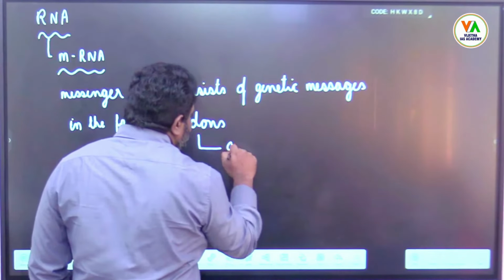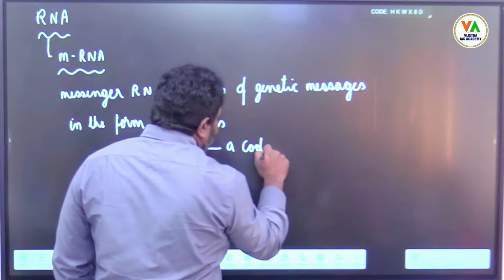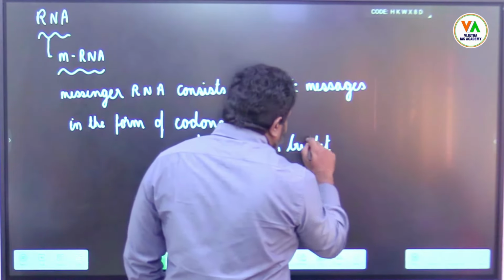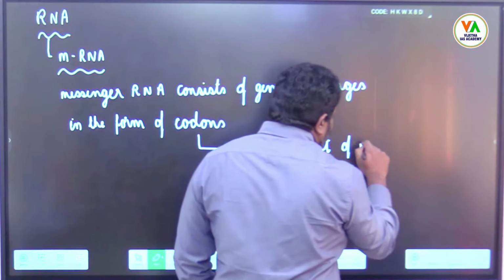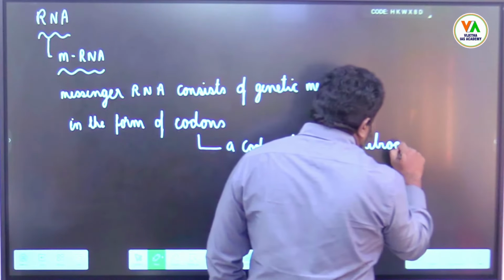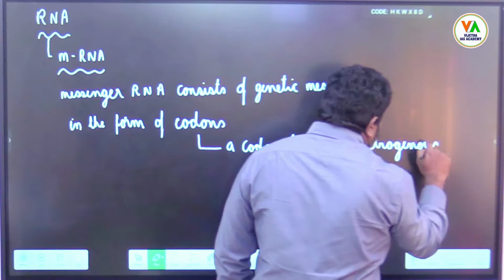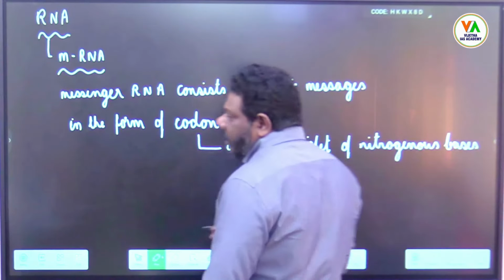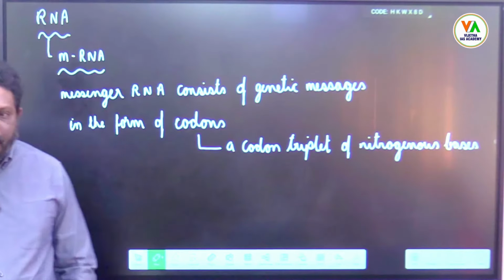A codon is a triplet of nitrogenous bases, isn't it? And I think you have written all the 64 codons, no?